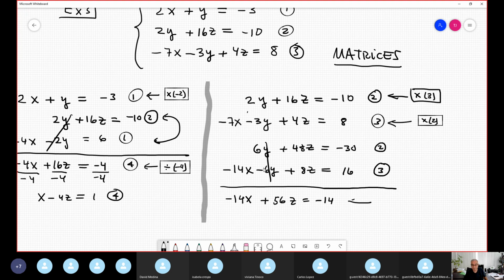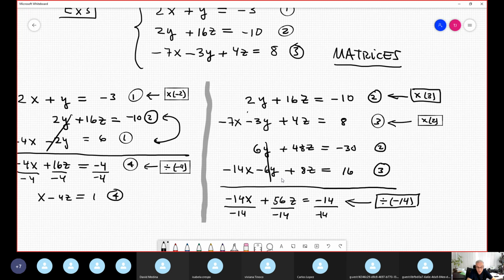However, I can see the coefficients in this equation can be reduced a little bit because you can divide everything by negative 14. Negative 14, negative 14, and negative 14. Suppose you don't see that. Well, no problem.